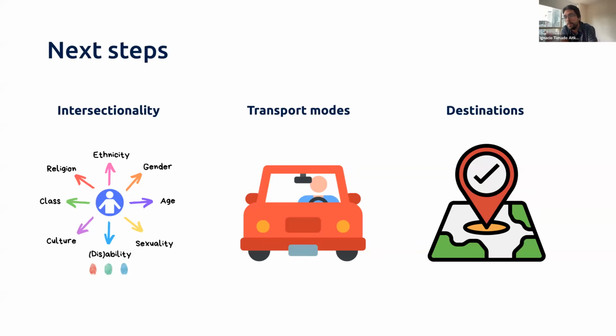Some interesting key directions that we have heard in the different sessions and feedback is to incorporate intersectionality, for example, how different aspects of our identities intersect, such as ethnicity, class, or gender, and create interconnected forms of discrimination or disadvantage. We also plan to incorporate driving as a transportation mode for accessibility analysis in the future and add more destinations when available at the national scale.